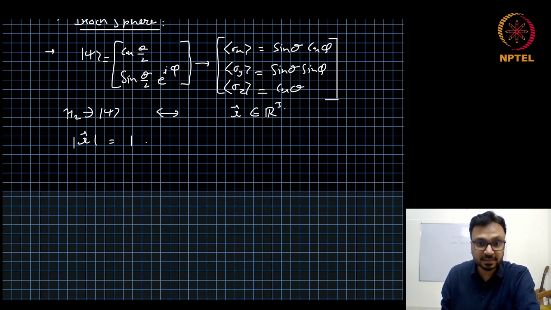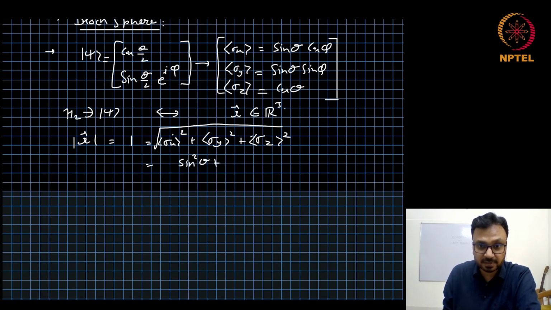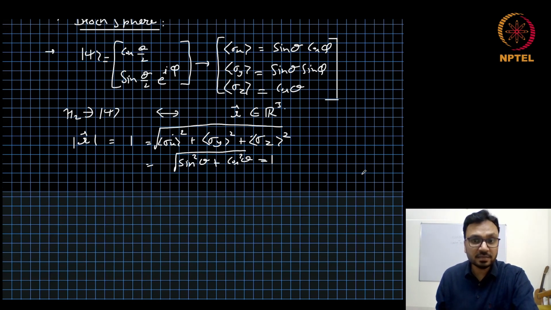We can calculate it: the square root of sigma x expectation squared plus sigma y expectation squared plus sigma z expectation squared. Sigma x squared plus sigma y squared gives sine squared theta, and sigma z squared is cos squared theta. This is 1, and the square root of that is 1. So the vector R has norm 1.